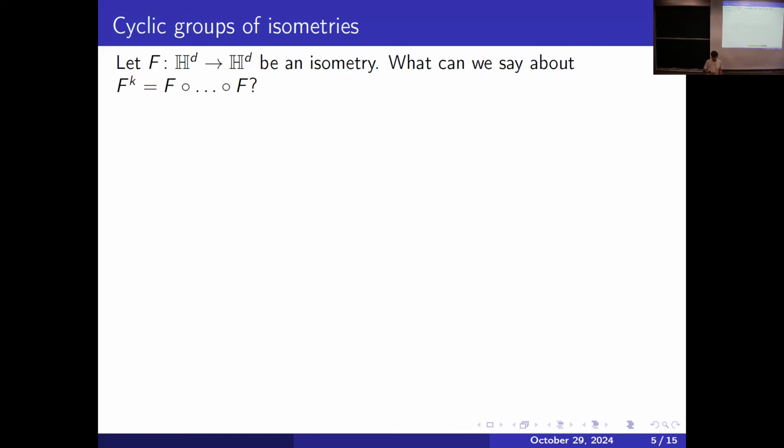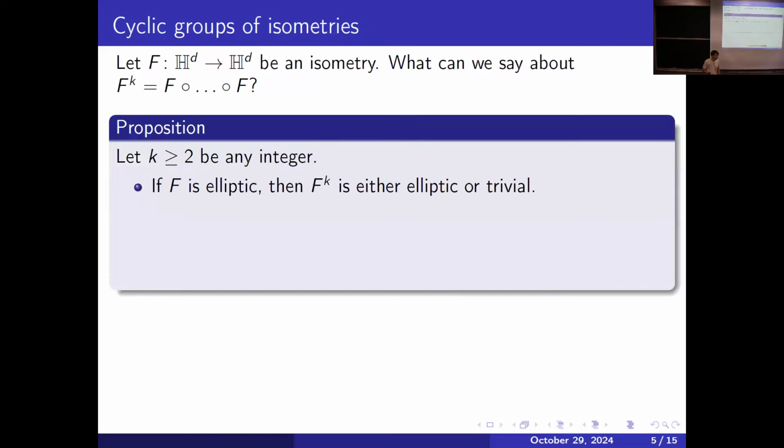So let F be an isometry of the hyperbolic space. The question is, what can we say about the powers of F? F to the power of k is just the composition of F with itself k times. Then there is the following proposition: let k be any integer. In fact, k can be equal to 1, but when k is equal to 1, it's not interesting.